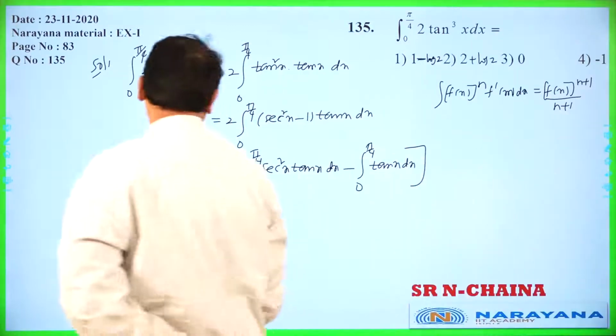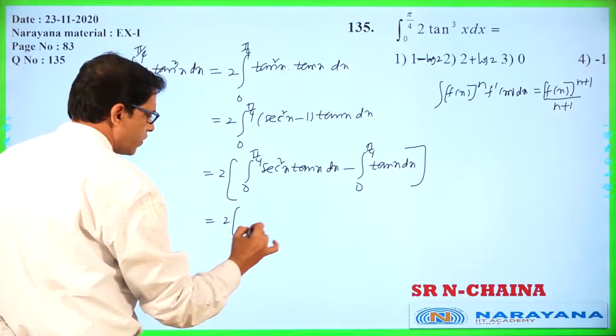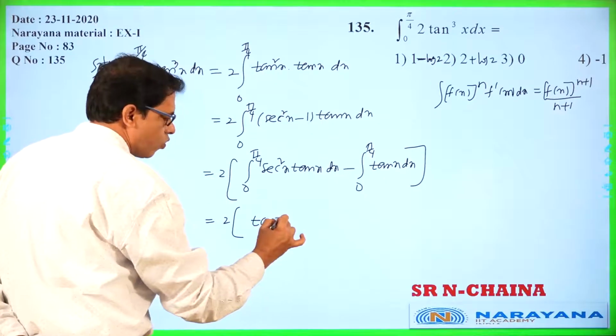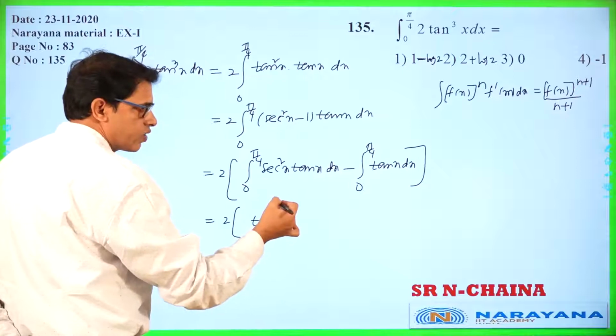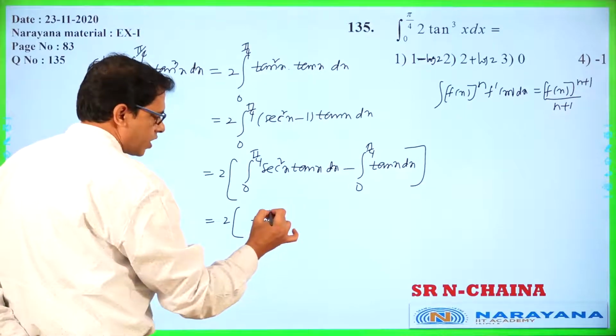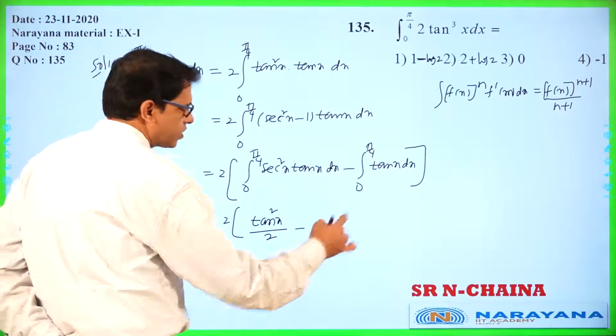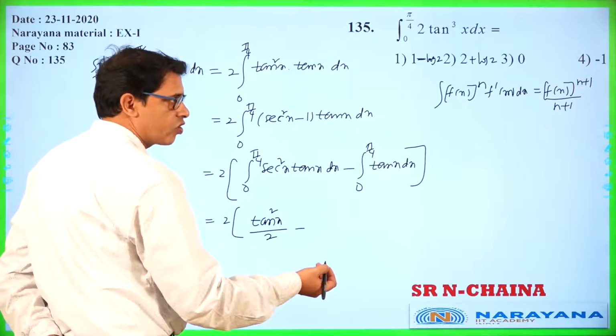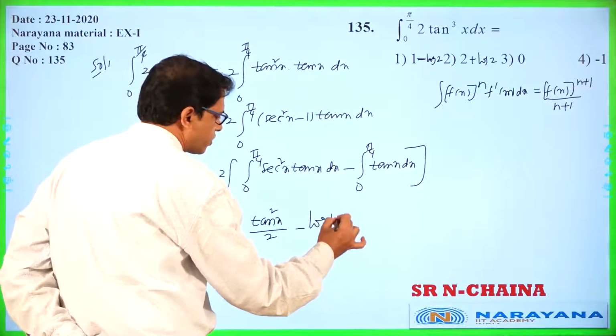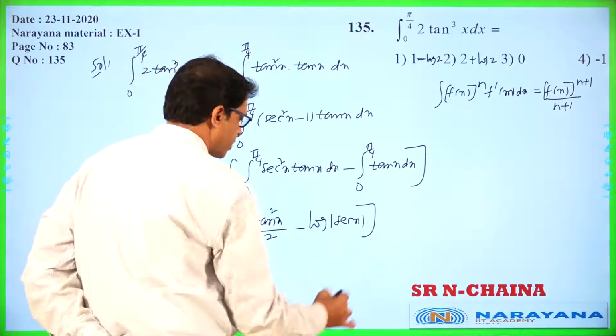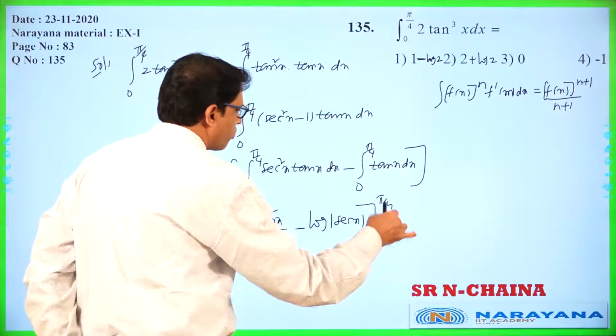This will be twice of tan x whole to the power n plus 1 by n plus 1, meaning tan square x by 2, minus the integration of tan x, direct formula, log of secant x. Now apply the limits 0 to pi by 4.